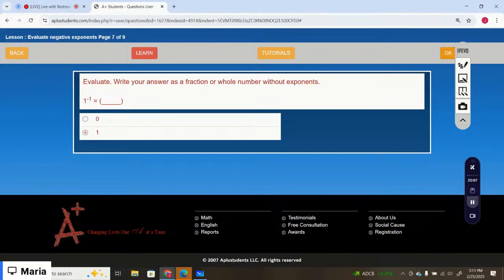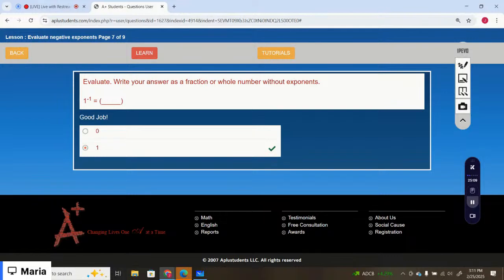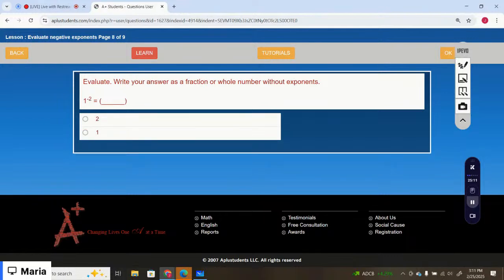Whatever the number is, 1 to any exponent is 1. 1 exponent negative 2 is also 1.